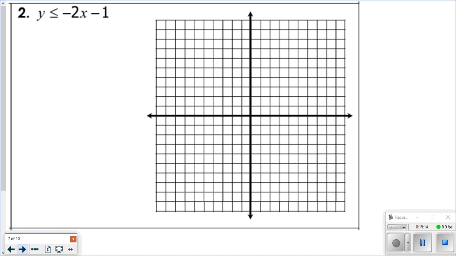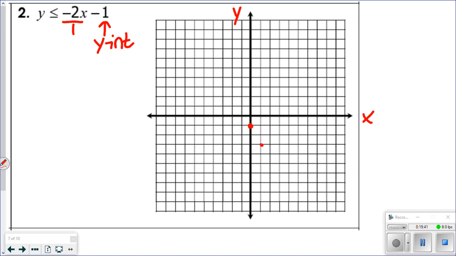Question 2. This is already in slope-intercept form as well. So my y-intercept is 0, -1. So we're going to plot that point on your y-axis. Your slope is -2/1, and this is a negative, so your line needs to be decreasing.